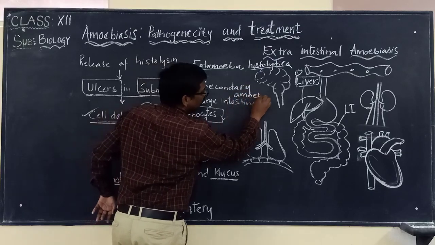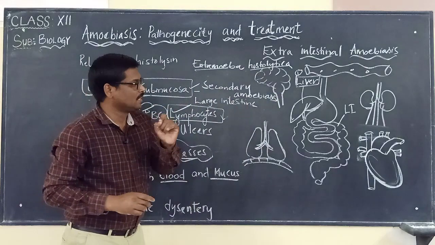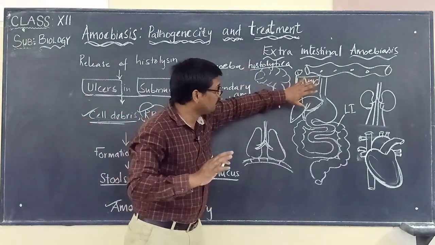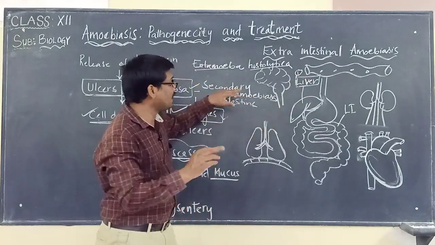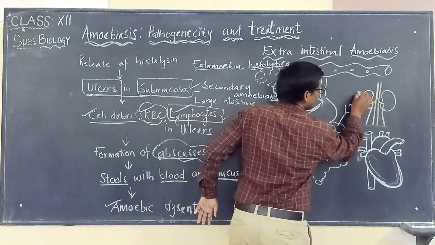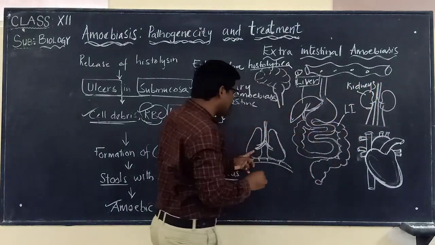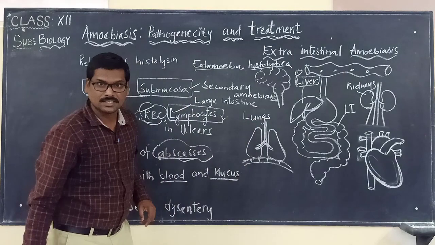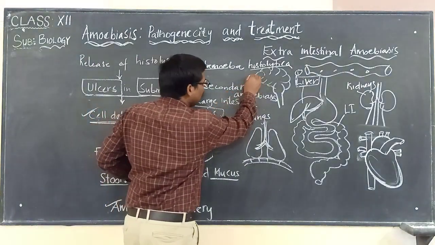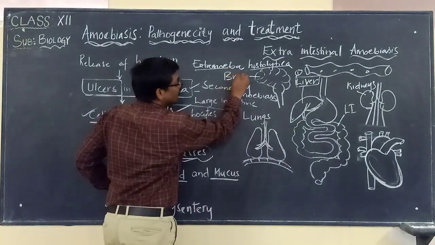But apart from this, there are chances that leaving the liver, it can also attack the kidneys. It can also attack the lungs. And in rare cases, it will also attack what?